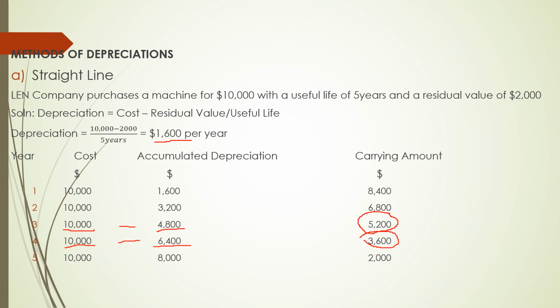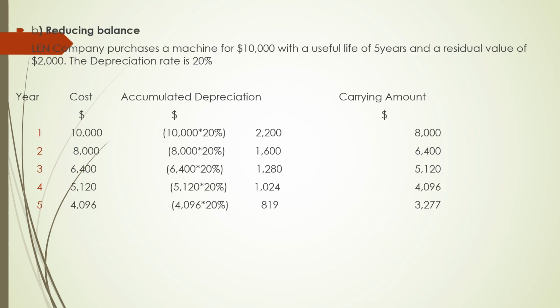In year 5, the cost still stands at 10,000, but now our accumulated depreciation is 1,600 multiplied by 5, giving us 8,000, and when we subtract, we will arrive at $2,000. So this gives us the demonstration of depreciation using the straight line method. We will proceed to the next method, which is the reducing balance method.